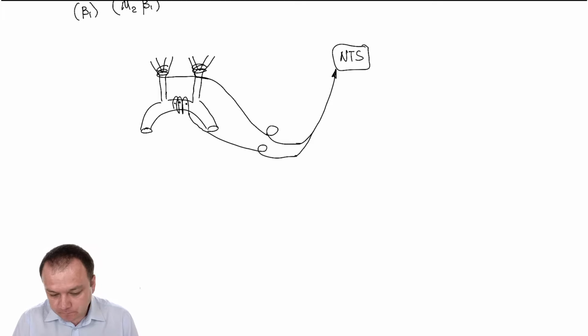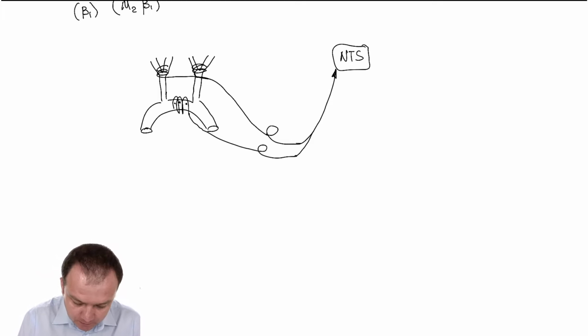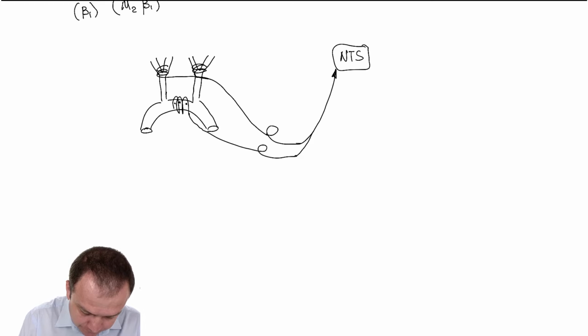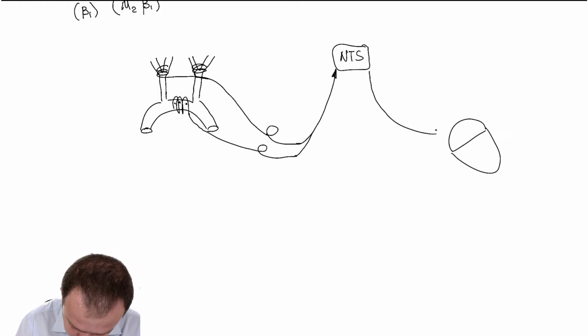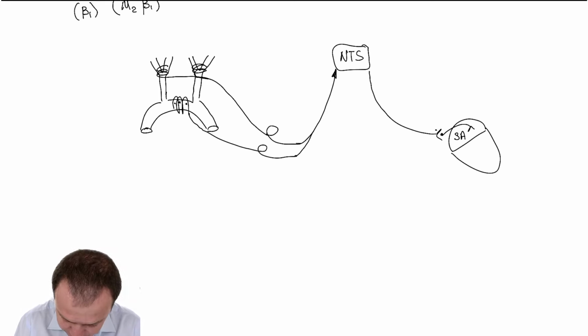and in response to that, we have outflow first to the heart, let's say preganglionic fibers, postganglionic fibers, and they regulate sinoatrial node activity and AV node activity.